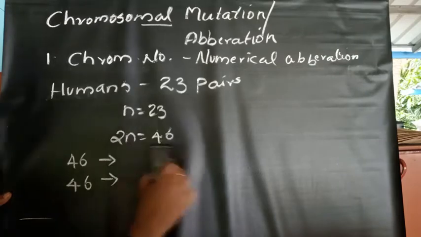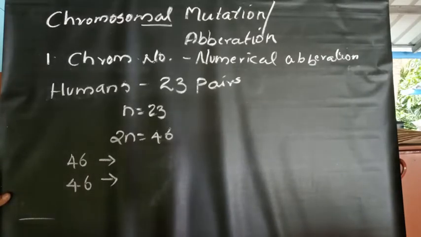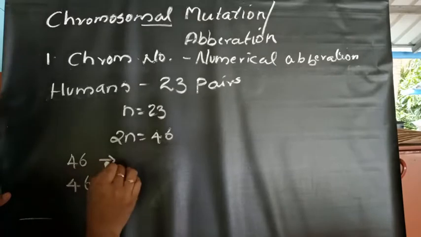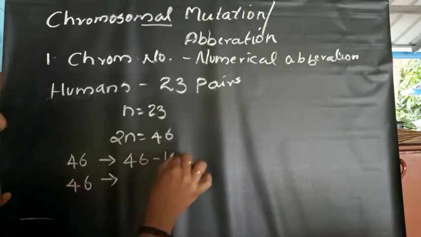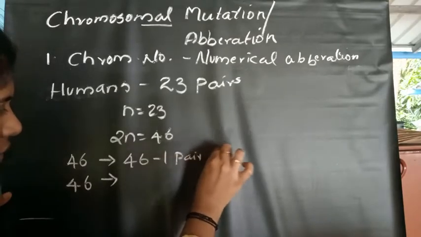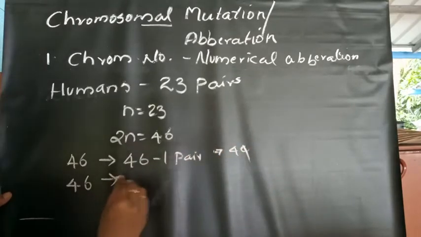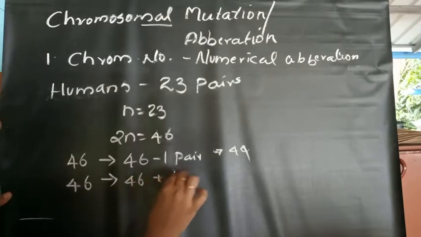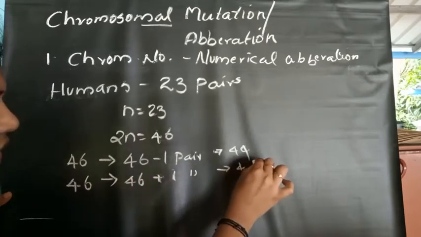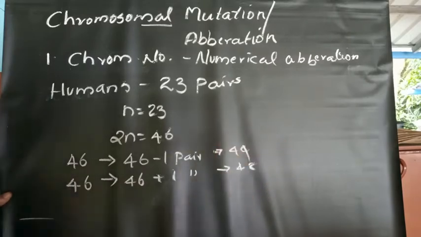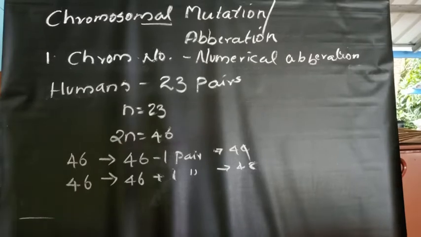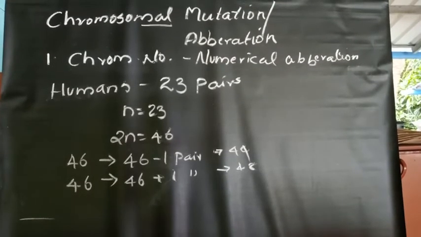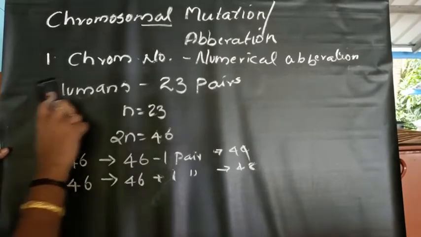Then there is addition or deletion of a basic set of chromosomes. Due to the deletion of a set of chromosomes, 46 minus 1 pair gives 44. And 46 plus 1 pair gives 48 chromosomes. So either addition or deletion of individual chromosomes, or addition or deletion of basic sets of chromosomes.